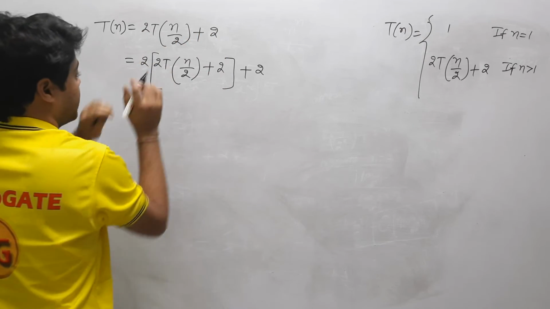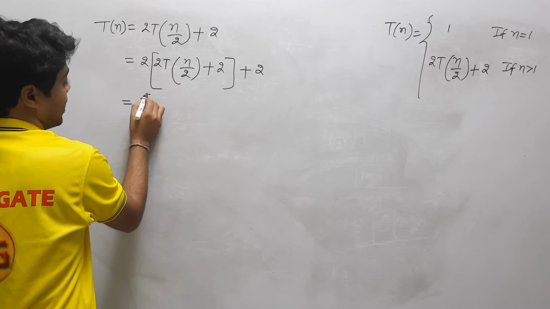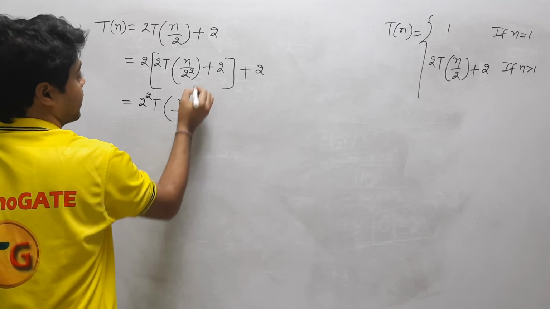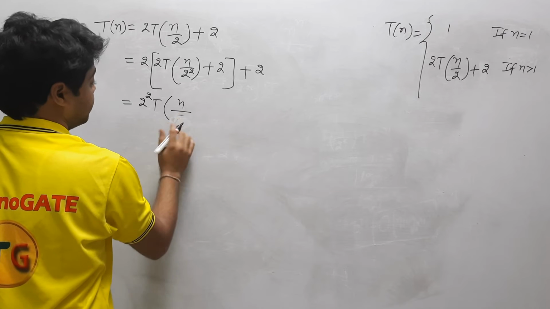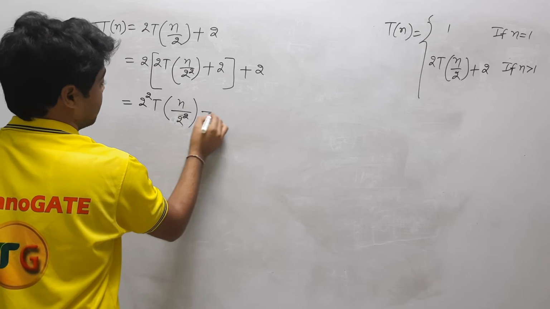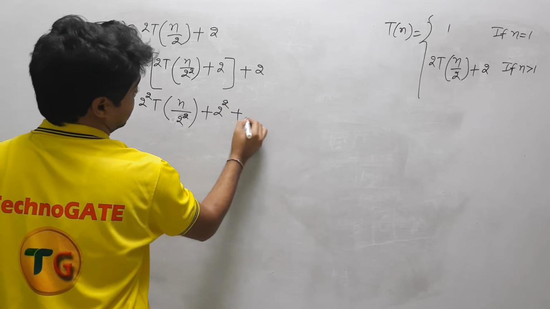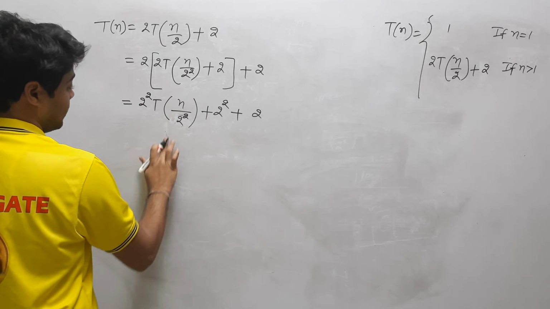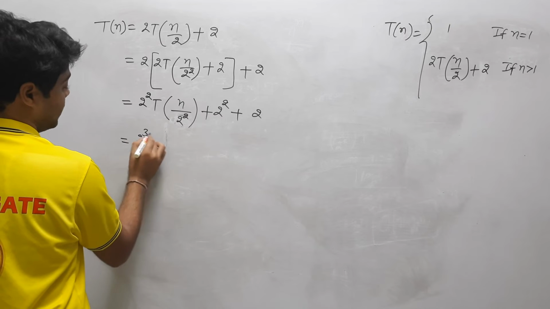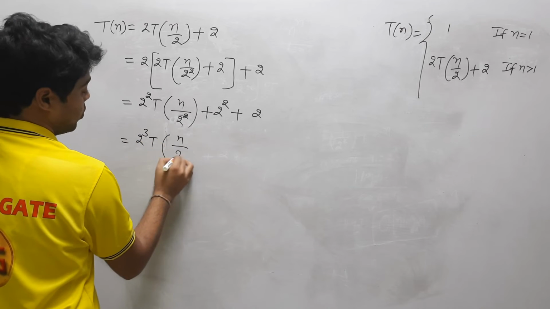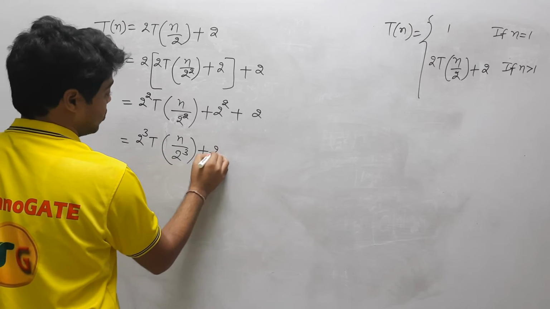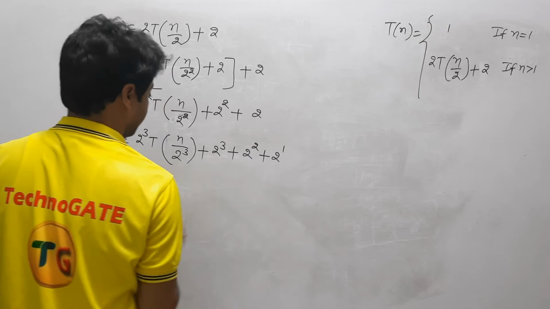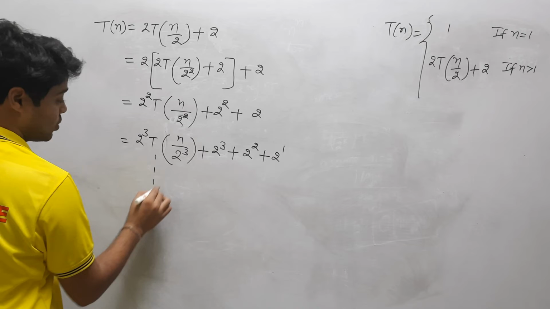At the place of T, we get 2^2 T(n/2^2) + 2^2 + 2. The third time we put, we get 2^3 T(n/2^3) + 2^3 + 2^2 + 2^1. So it goes k times here.